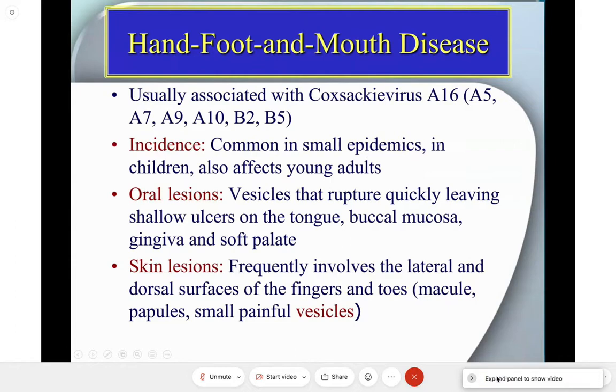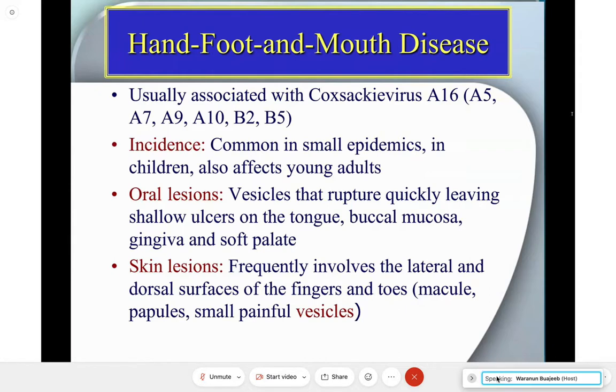So you can see kindergartens closed because of hand, foot, and mouth disease, because this is very contagious. And vesicles develop at any area in the oral cavity, can be on the tongue, buccal mucosa, soft palate, and gingiva. But the most important is the skin involvement that can help you in diagnosis of this disease.